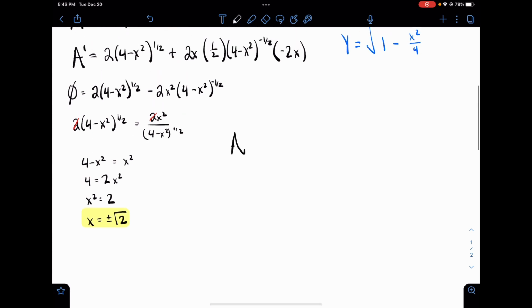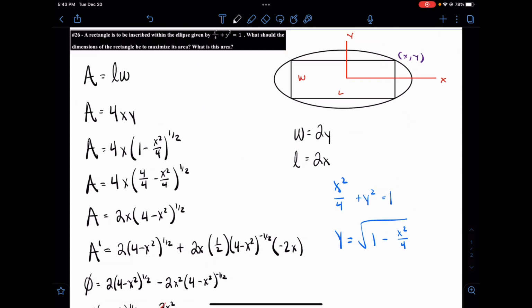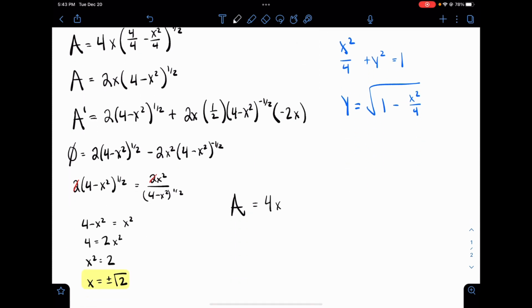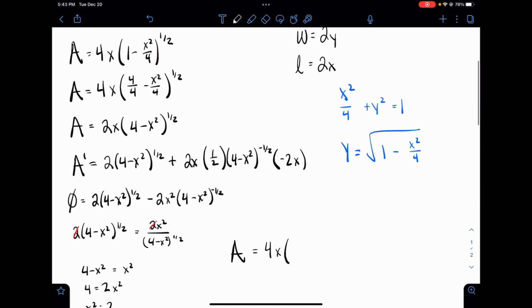So we can find the total area of our box by plugging into this original equation, or one of the original equations that we built, with (1 minus x squared over 4) to the 1/2.